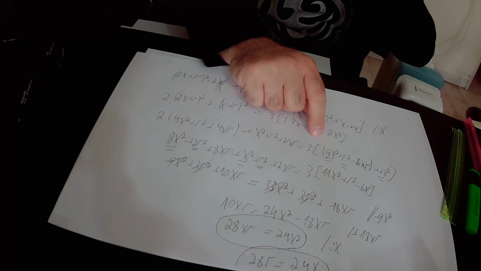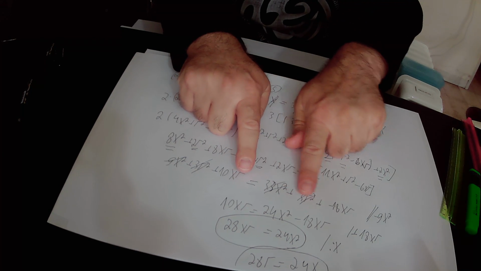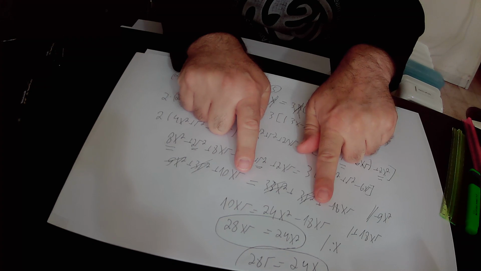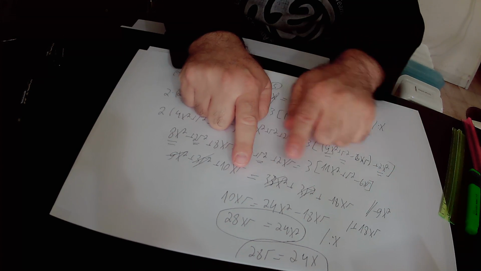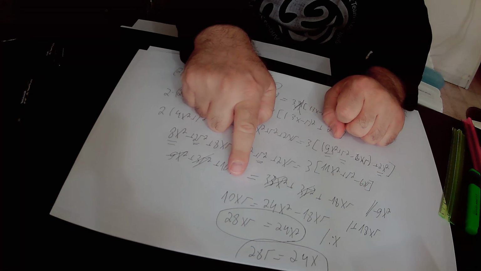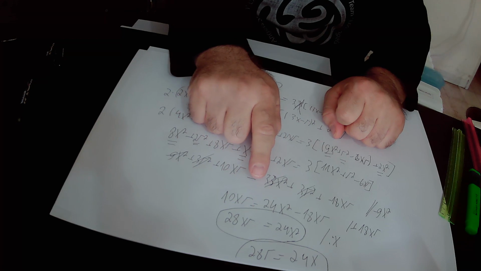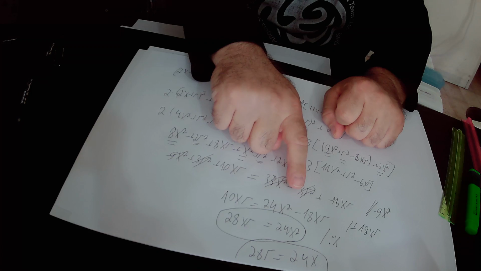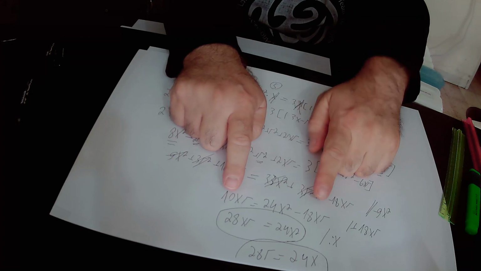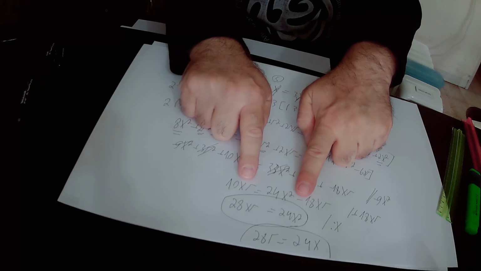Okay, here we found out that 10xr equals 24x squared minus 18xr. Here we added 18xr to this equation. On this side we have 10xr plus 18xr is 28xr, and it is equal to 24x squared. So in conclusion we found out that 28xr equals 24x squared.